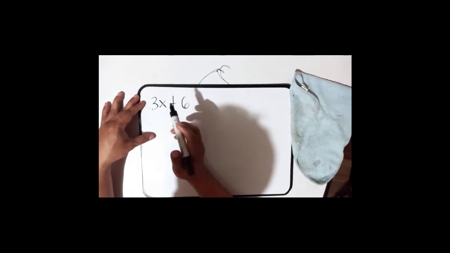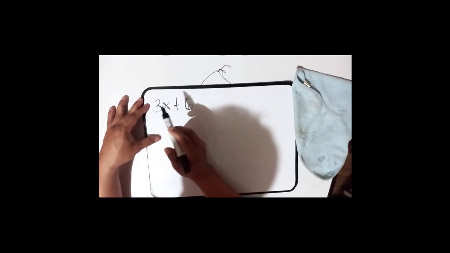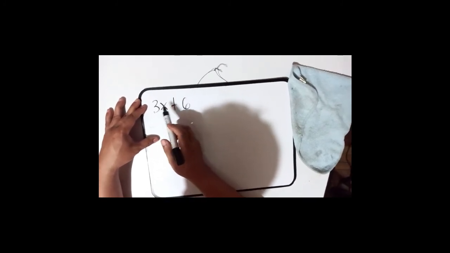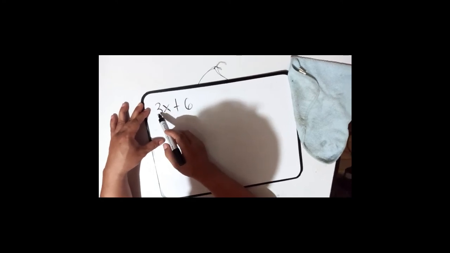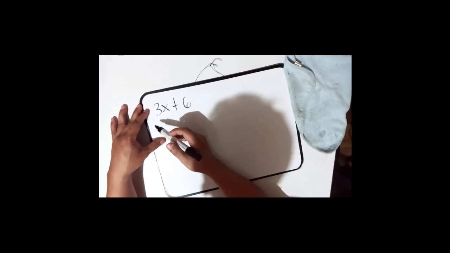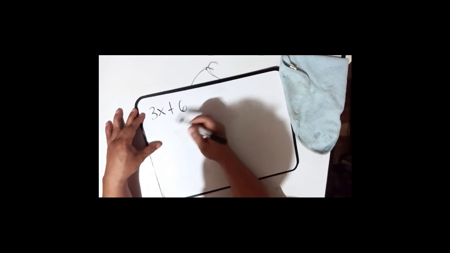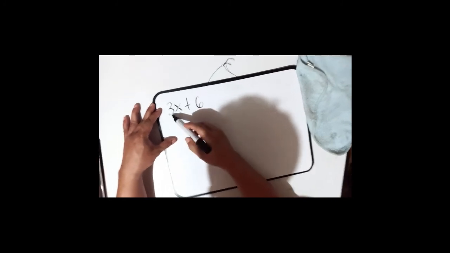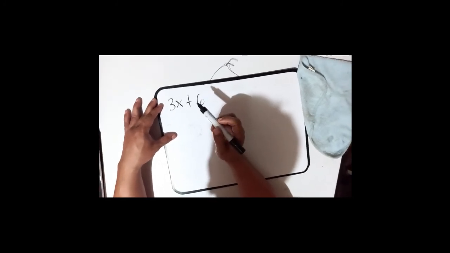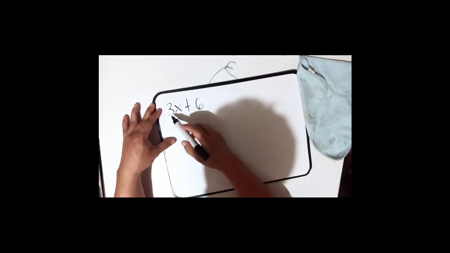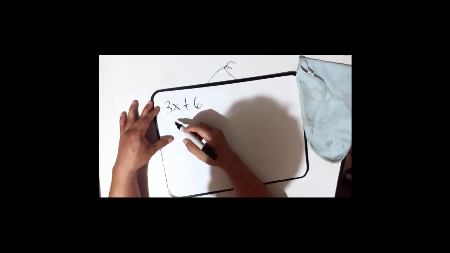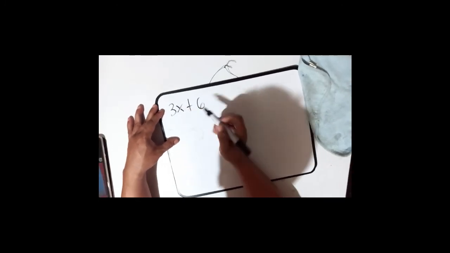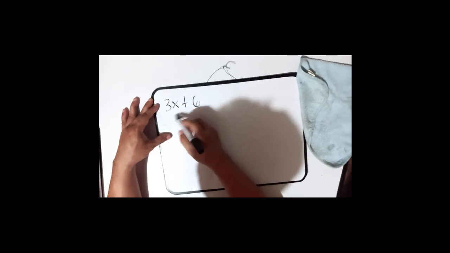What number can we divide by 3 that can also be divided by 6? So 2, we cannot divide 3 by 2 because it will have a remainder, but 6, we can divide by 2. So since 3 cannot be divided by 2, we cannot use 2, but 3 divided by 3 will give us 1, and 6 divided by 3 will give us 2. So I guess that is our factor for this example.